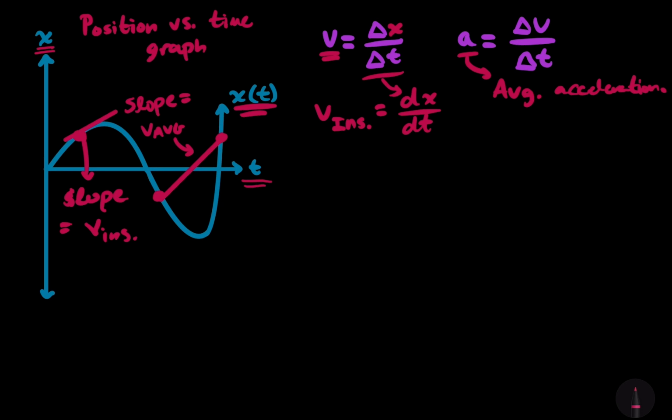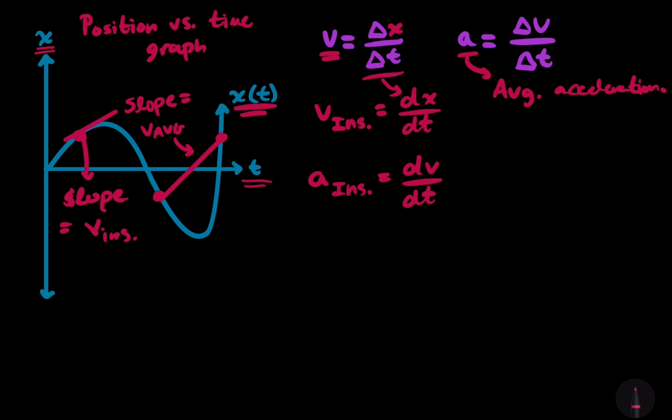But then what happens when we just want to figure out the instantaneous acceleration at one particular point? Then we end up with, again, the derivative of velocity at that point. So the instantaneous acceleration is given by the derivative of velocity with respect to time. And we don't really need to write instantaneous as a subscript every time. We can just say v equals dx by dt and a equals dv by dt.